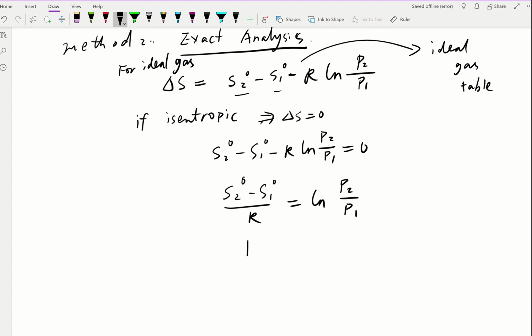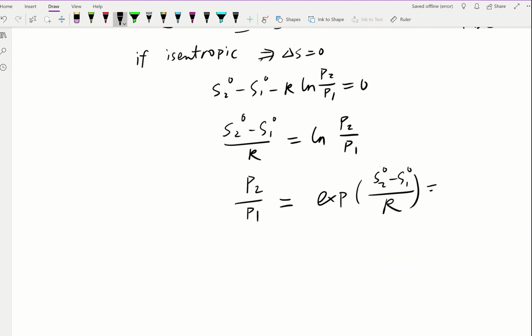Then your P2 over P1 is going to be an exponent, right? And R, S2 naught minus S1 naught is starting getting a little bit confusing maybe. But what's this going to be when you have that? You can use in the math.